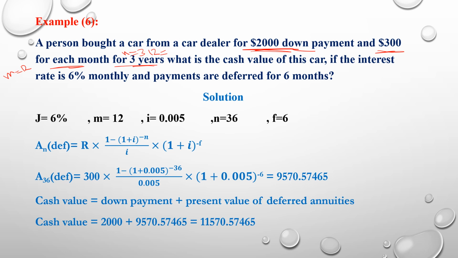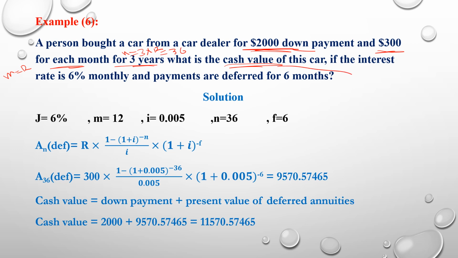And N equals 3 times 12, which equals 36. He needs the cash value, which is also the present value, for this car.